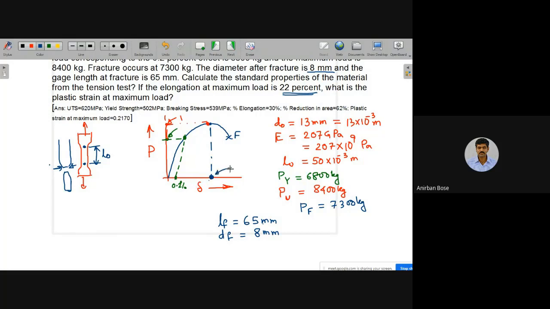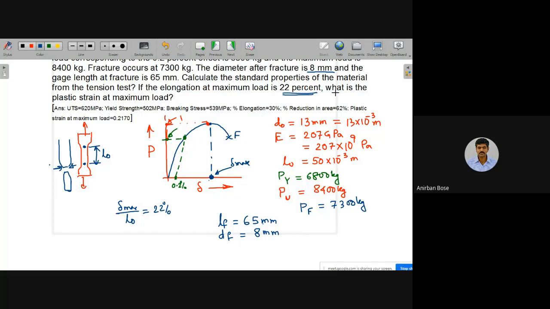If we call this delta max, it is given in percentage. So basically the information given is delta max divided by the initial length, and this is the 22%. Okay, so we have listed down all the informations which are given here. Now we'll solve the problem.